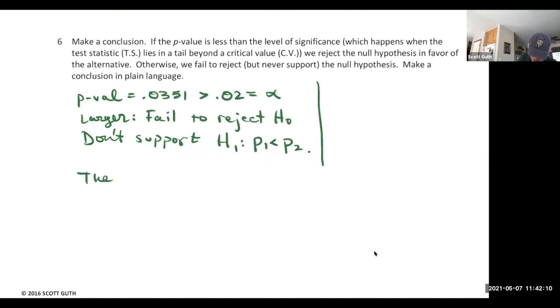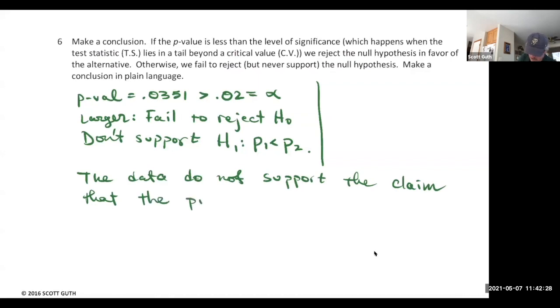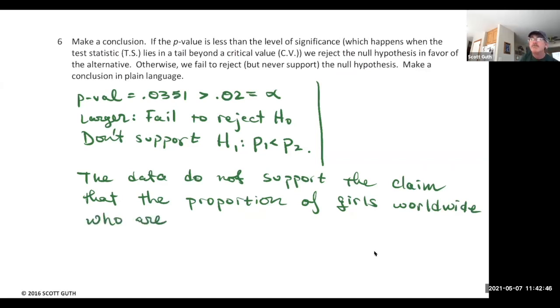So the data do not support the claim that the proportion of girls worldwide who are allowed to attend school is lower than the proportion for boys.